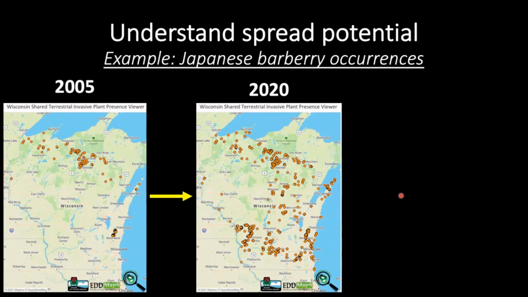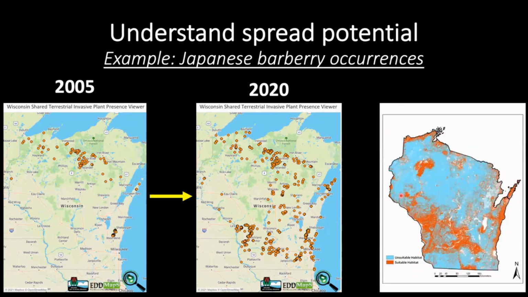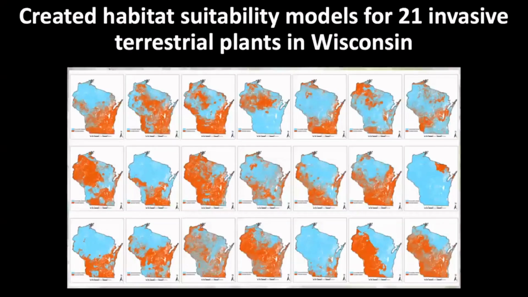And really understanding what are the factors that lead to suitable habitat would have been important in this situation, and even moving forward will continue to be important. If we have these suitability models that predict where those suitable habitats are, we can be much more efficient in how we use our resources and protect these lands, and in the case of Japanese barberry, human health.